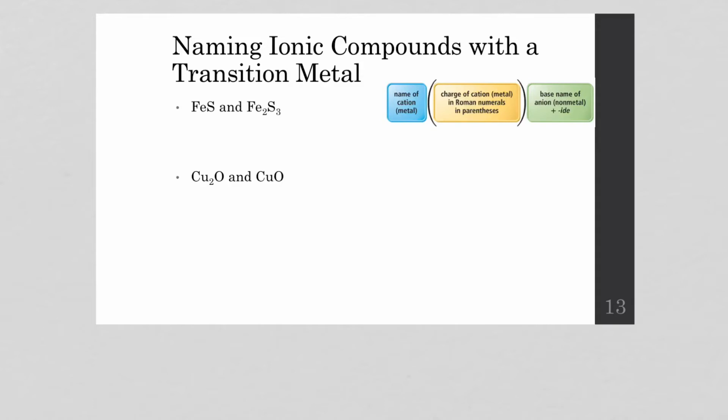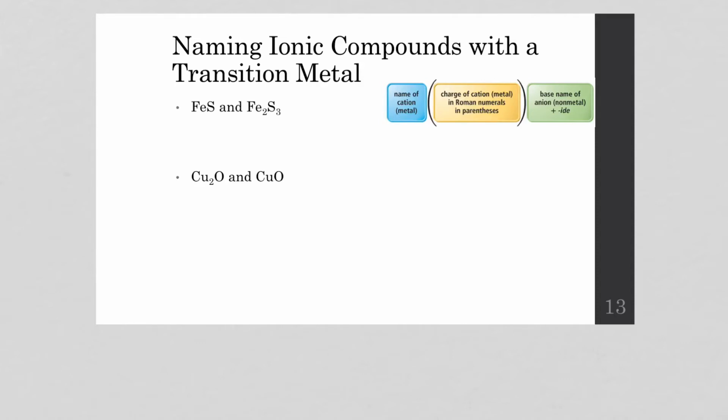So we're still going to have the name of the first element, typically the metal, but then we're going to add the charge on that metal using Roman numerals. And then we're going to write, again, the nonmetal with that ide ending at the end.